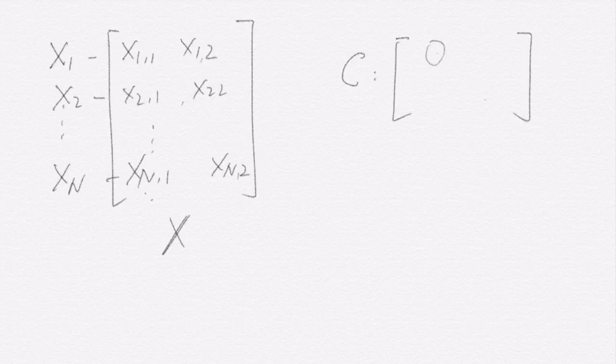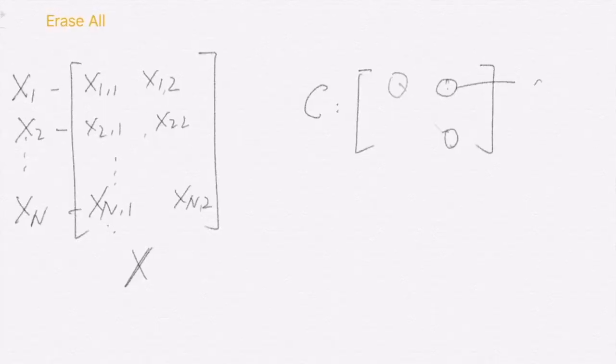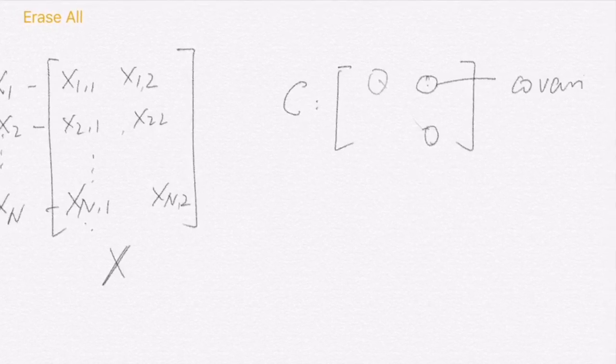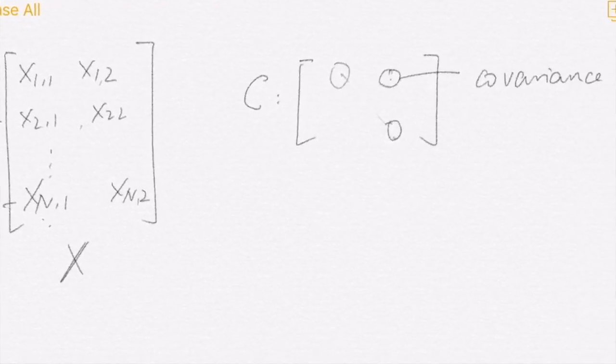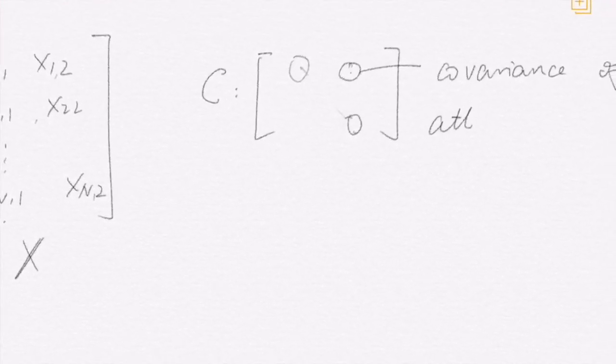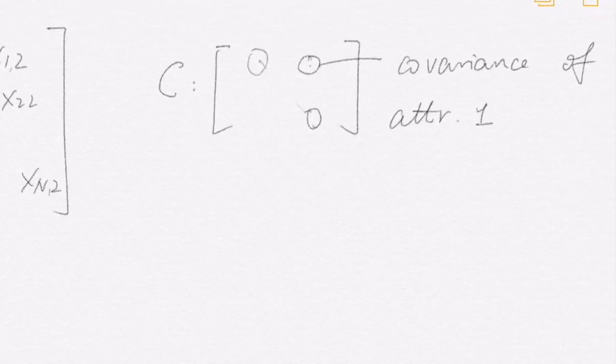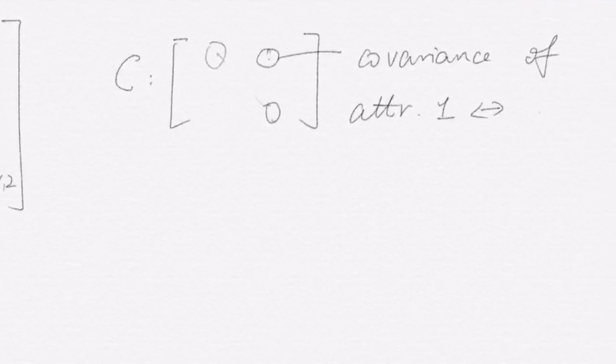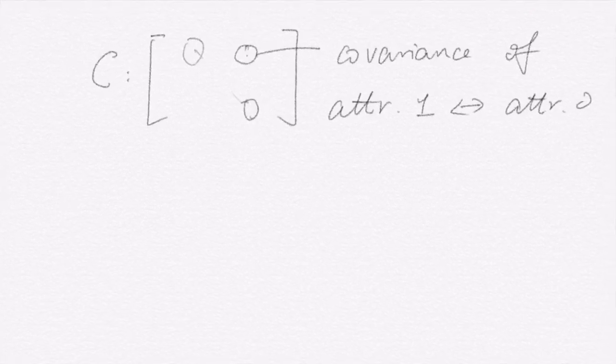Of course, on this diagonal, we have variance instead of covariance because we are calculating the variance of single variables. But on the off-diagonal elements, such as here, that would be the covariance of attribute 1 against that of attribute 2.